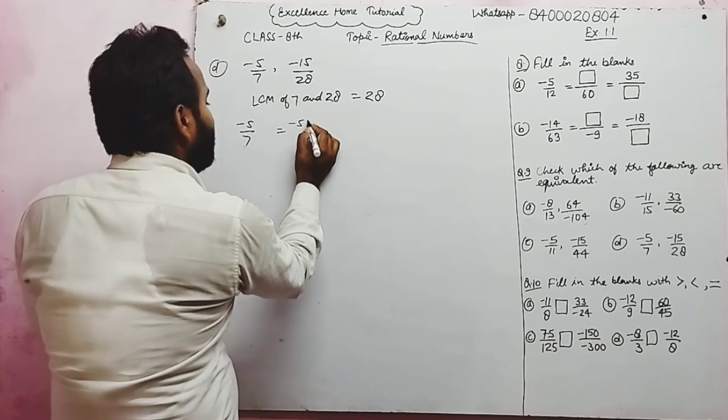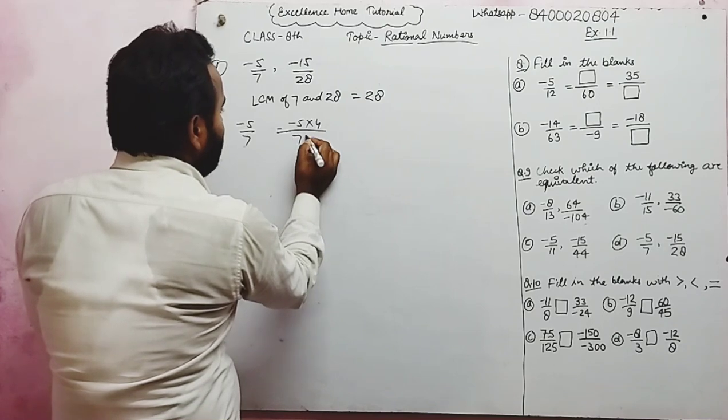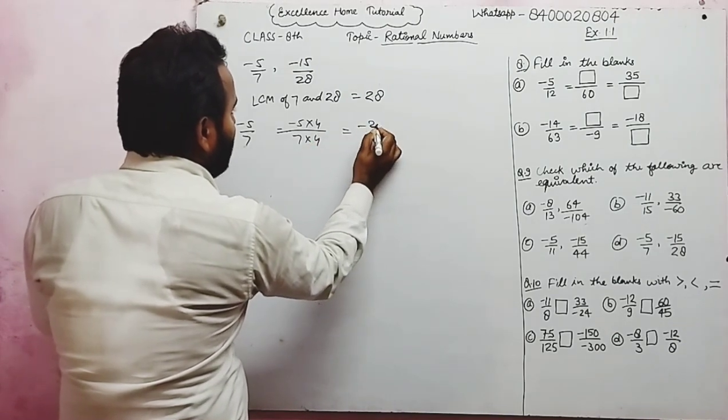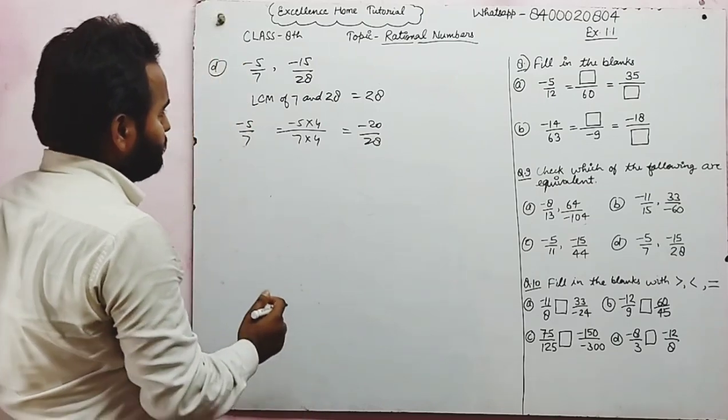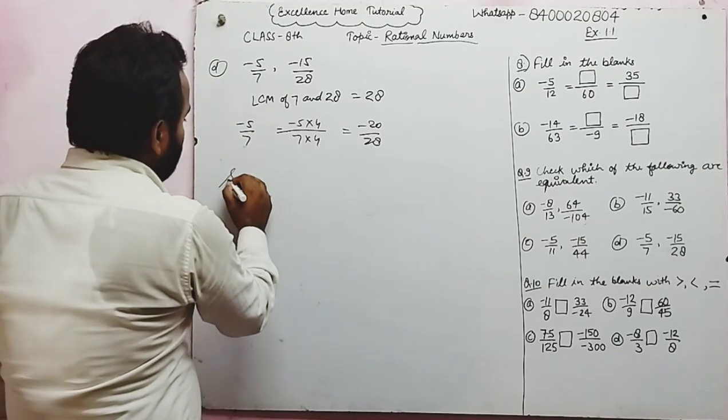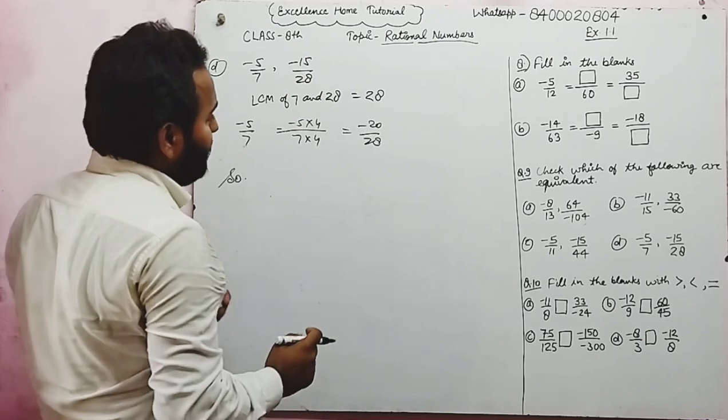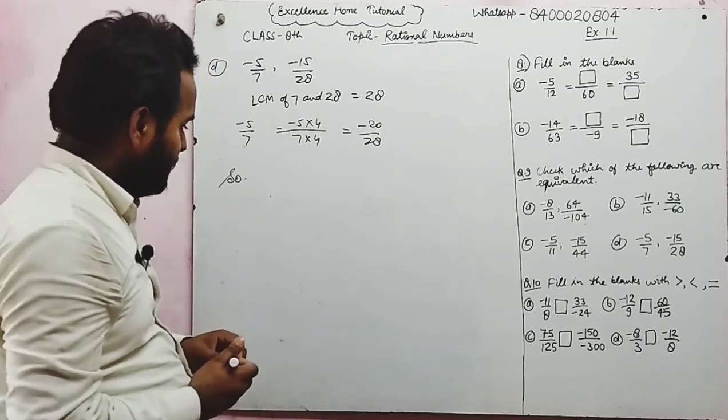So we have to multiply both numerator and denominator by 4, that means minus 20 by 28. Okay, so here minus 15 by 28.